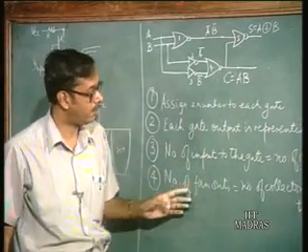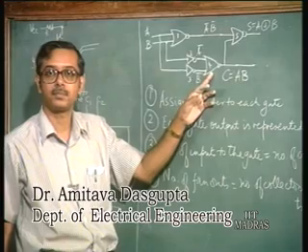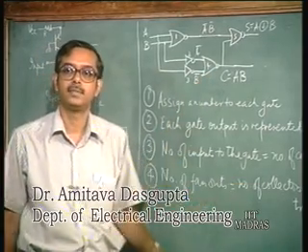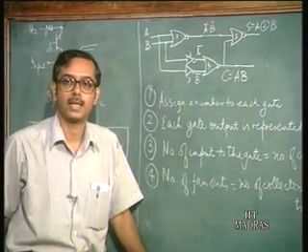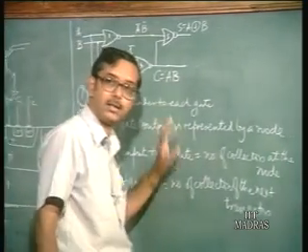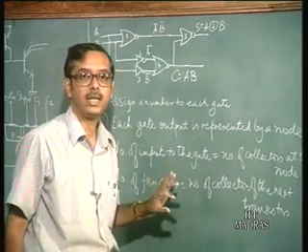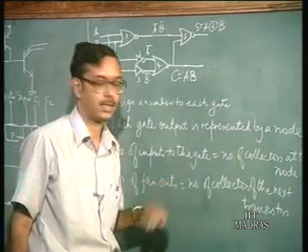So, if the number of fan outs for this gate is more than 1, you require more collectors. These are the general rules you have to follow. Once you follow this set of rules, you can very easily obtain the circuit.